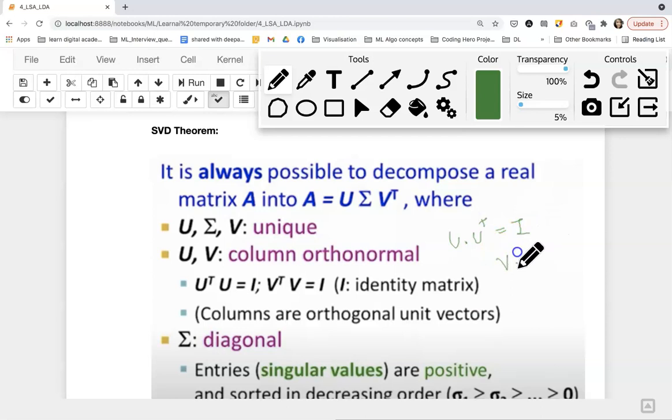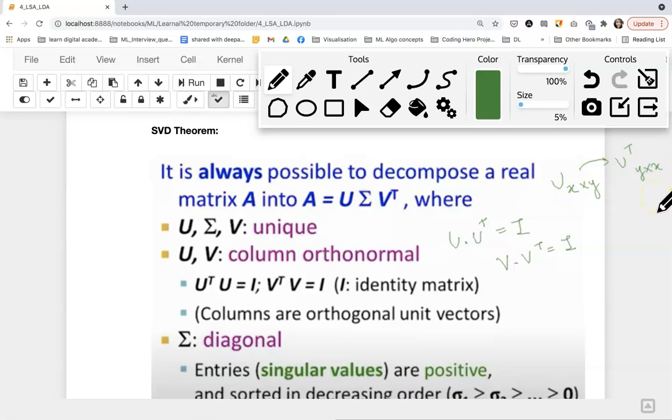Similarly, V dot V transpose will be the identity matrix. What do I mean by transpose? Suppose U has dimension x rows cross y columns. What will be the dimension of U transpose? y rows, x columns. That means the number of rows becomes the number of columns, and the number of columns becomes the number of rows in the transpose matrix.